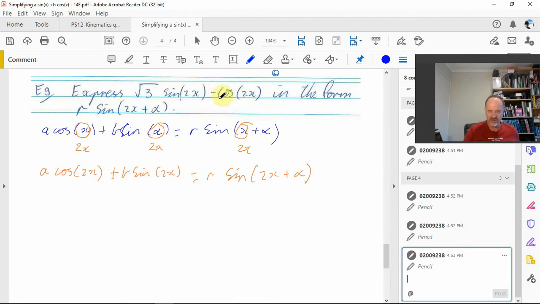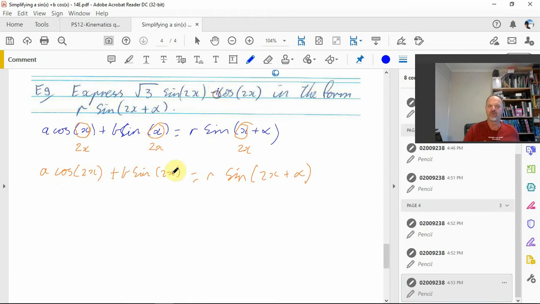What's in front of the cos? A negative here. The negative how many? Negative 1. So a is negative 1. And b is the one in front of the sine, which is root 3. And r, of course, is the square root of the sum of the squares of those, which is 1 plus 3, which is 4, which is root 4, which is 2.